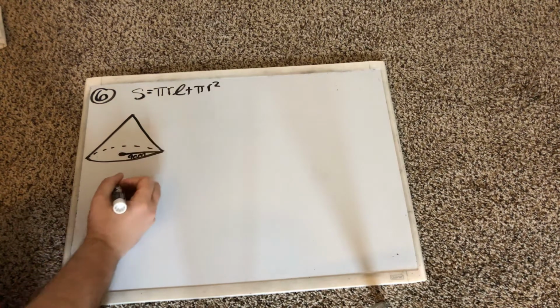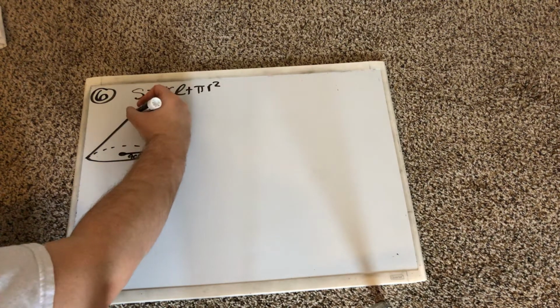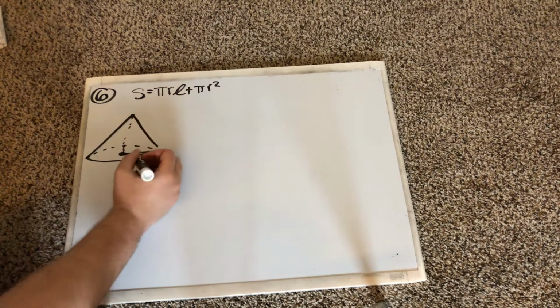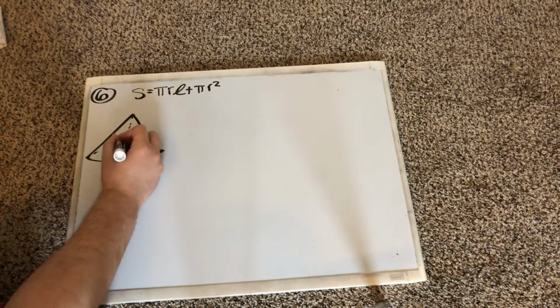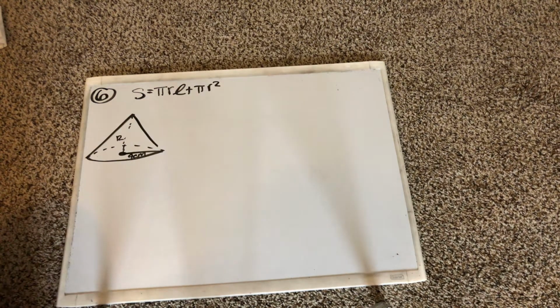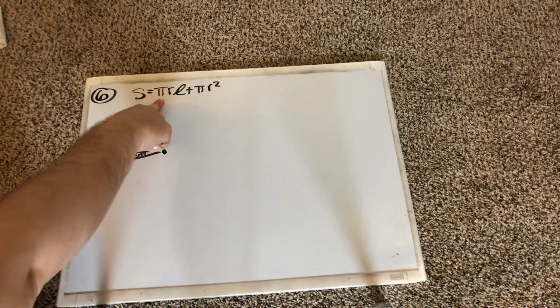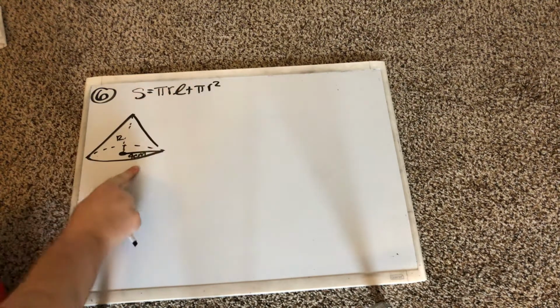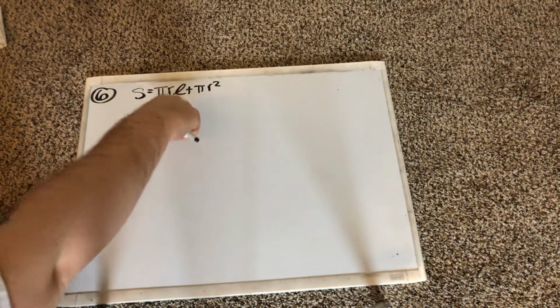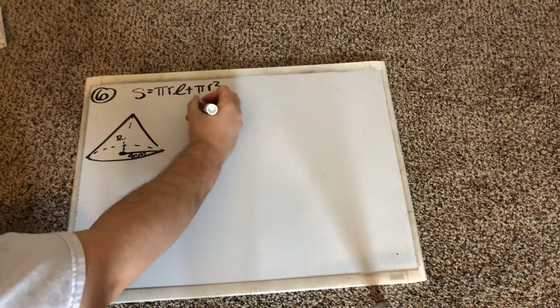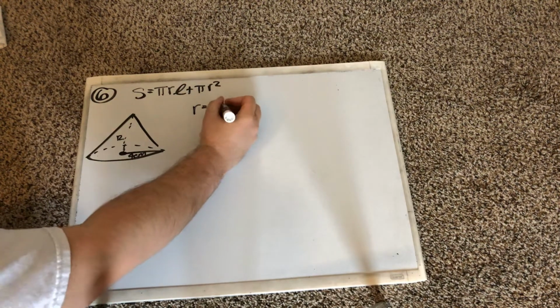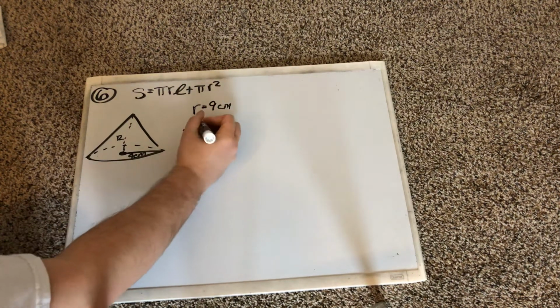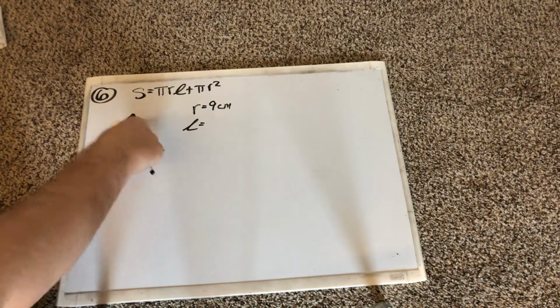So that's 9 centimeters, and this height is 12. We know what pi is, it's just pi. R is 9, okay, but we need the slant height. So right now we have r equals 9 centimeters, awesome. We need to know the slant height, which should be right here.